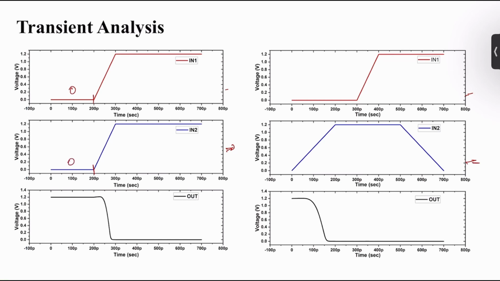Here we can see 0 0, it is coming 1. Then at 300 picofarad we can see 1 1, and at that time we are getting 0 0. From here we can verify for A and B as 0 0, and for 1 and 1, and the other 0 1 and 1 0.